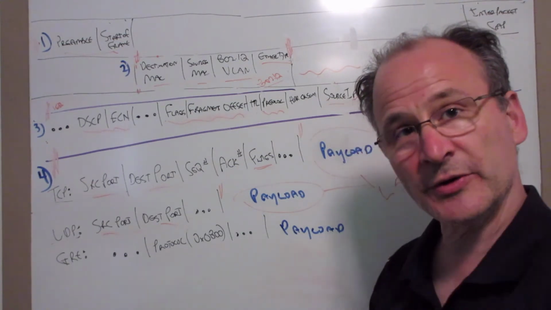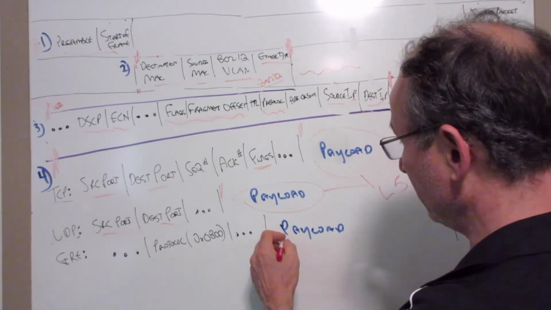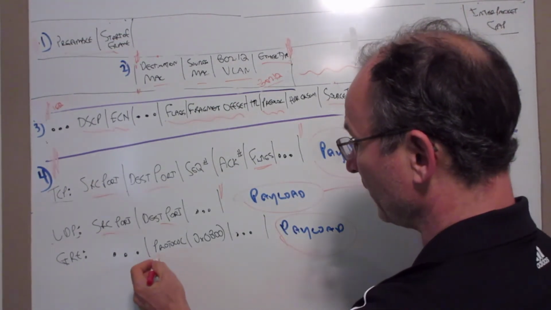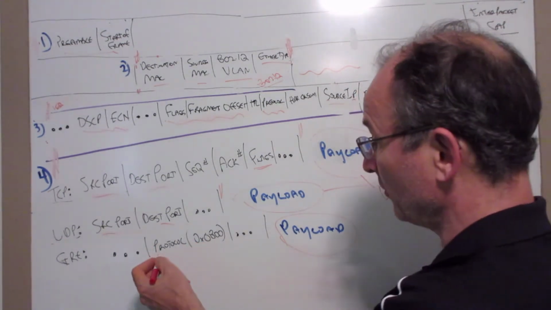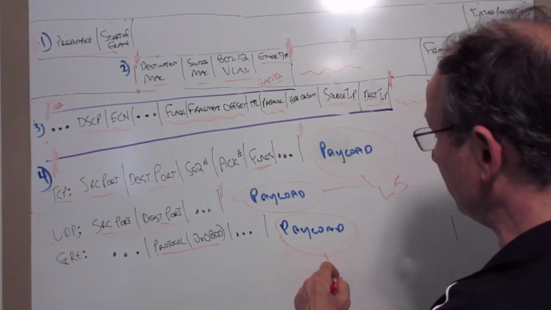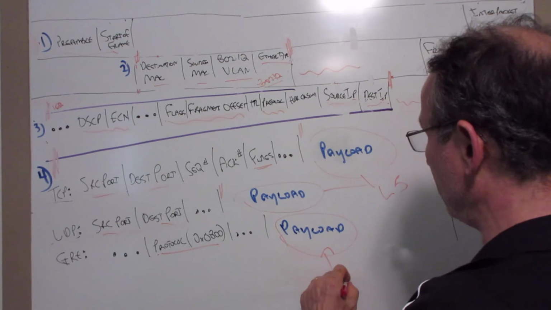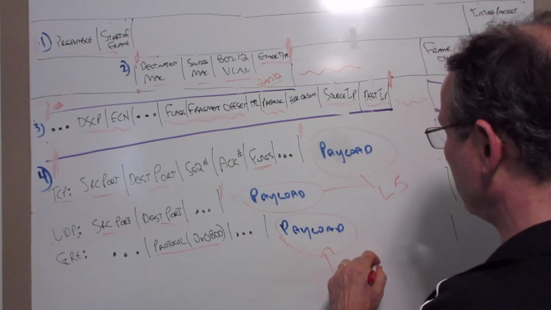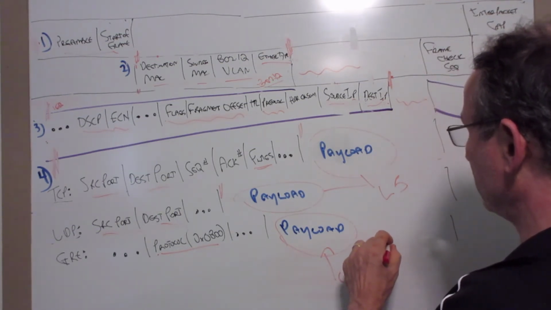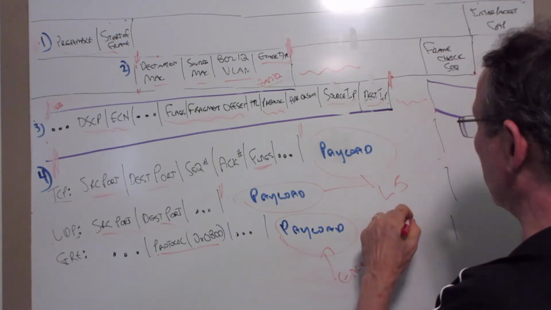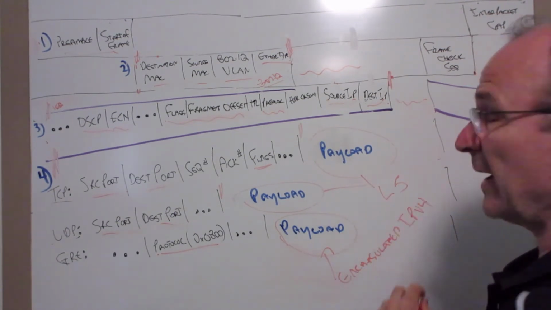GRE, I'm going to cover just as a special case, because for the layer 5 portion of that, if you specify hex 800 in a protocol field in a GRE tunnel, this is actually an encapsulated IPv4 packet.